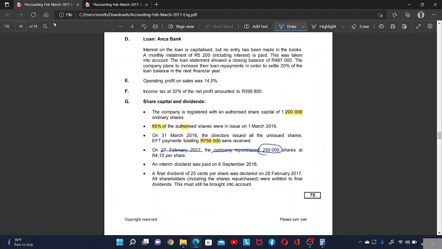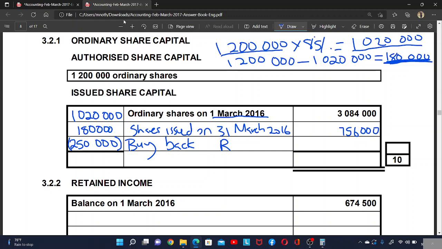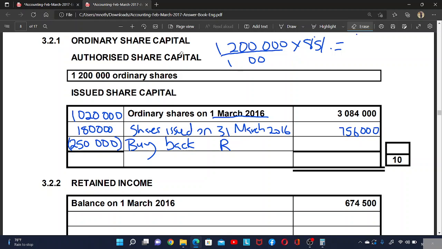We are told that they were bought back at 415 cents, but we don't use this price. We must use the average price. So to get the average price, let's make the calculation.